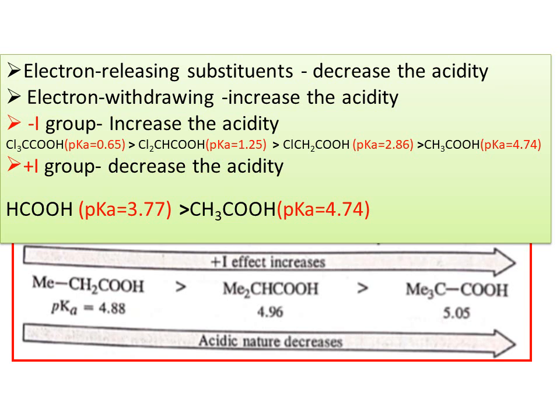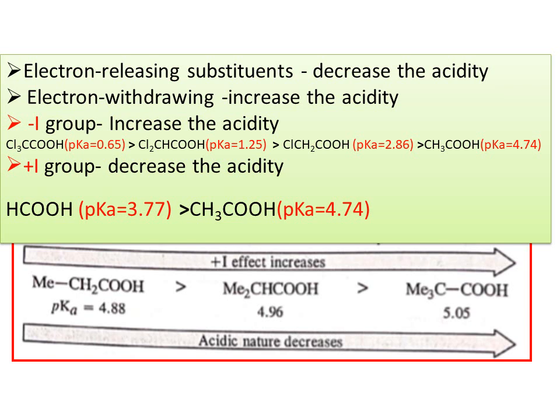Say for example, trichloroacetic acid. In trichloroacetic acid there are 3 minus I effect chlorine atoms. So definitely the strength of trichloroacetic acid is more while comparing to dichloroacetic acid, because here only 2 minus I effect groups are present.